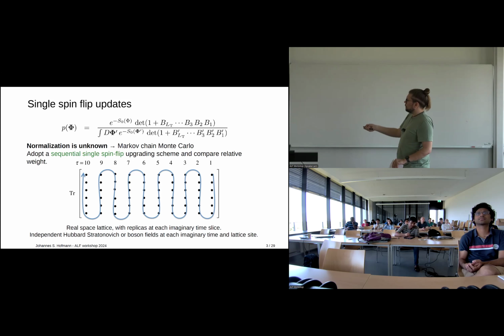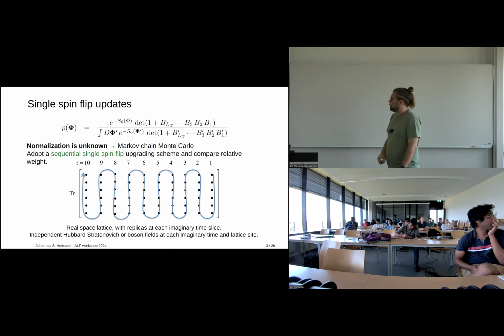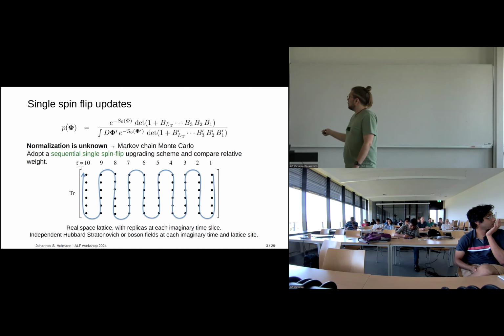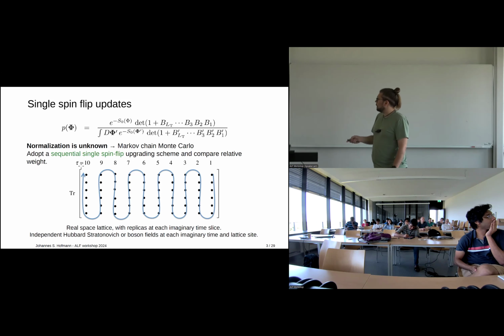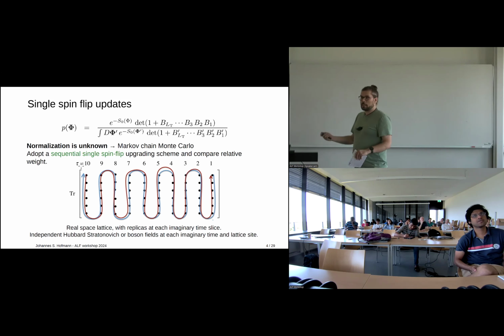We start looking at one of these auxiliary fields, propose an update, then calculate the acceptance rate according to the Markov chain, propose the next spin update, and then snake through this configuration space all the way from time equals 0 to time equals beta, in this case 10. And afterwards, we will go back, and this will essentially be the algorithm.